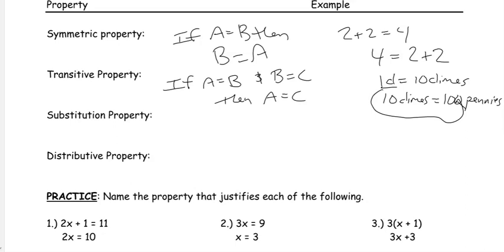Now, even though this is just A is to B and B is to C, so A is to C, this could be a longer chain.